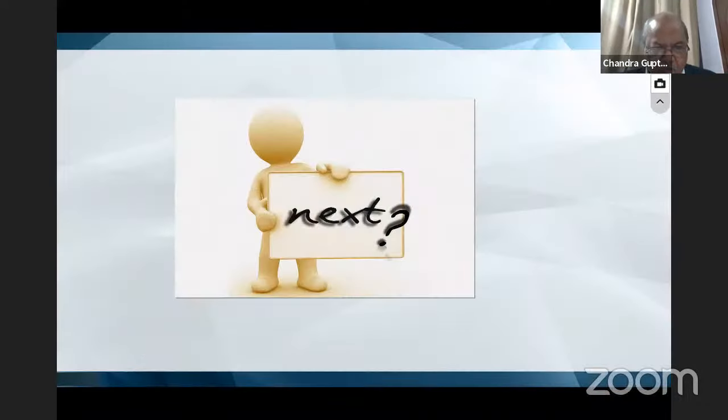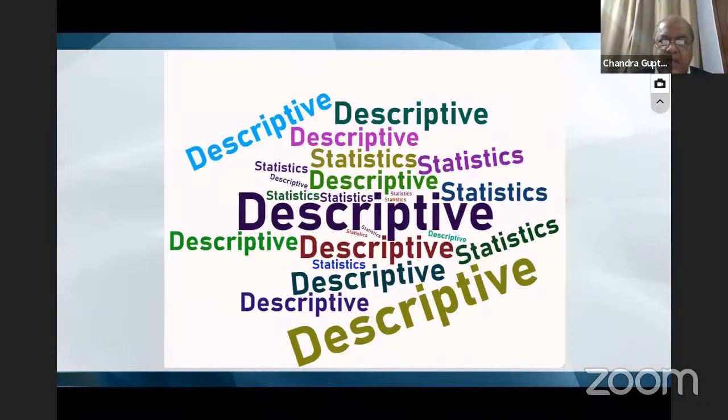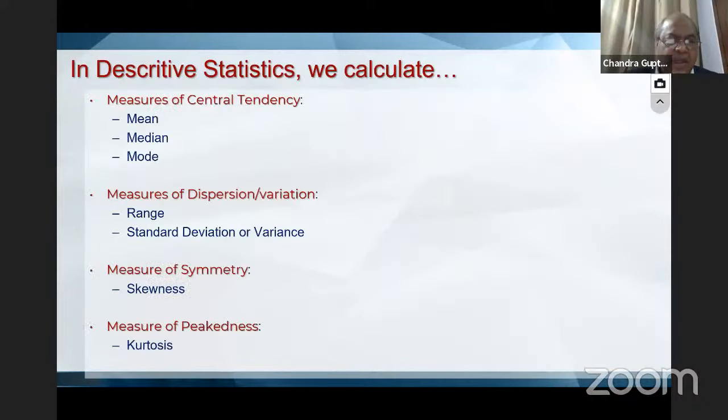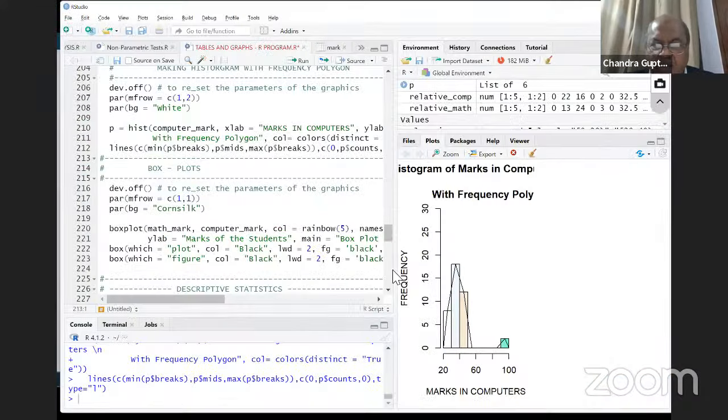So once we are through with the graphs, then we have to come out with the descriptive statistics. And in descriptive statistics, we need measures of central tendency, dispersion, symmetry, and peakedness. Let's see how we calculate it using R.